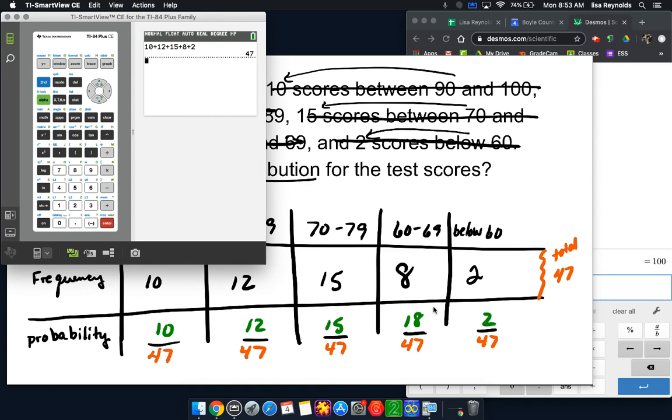If you do a quick check, if you add all of these together, our total should end up being 100%.